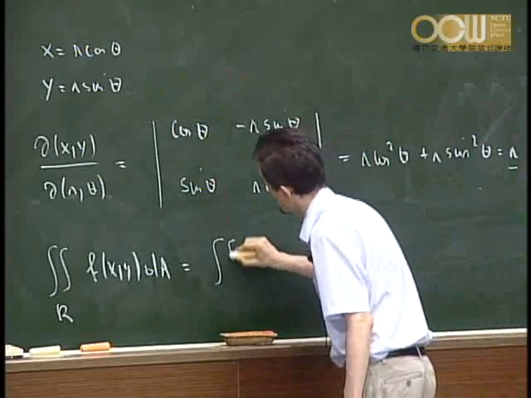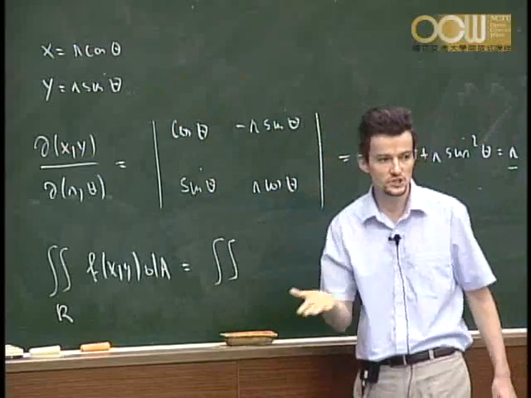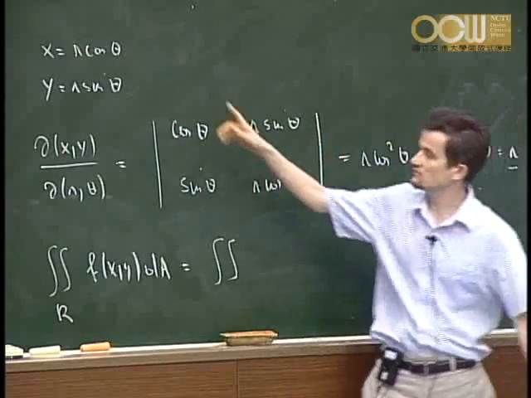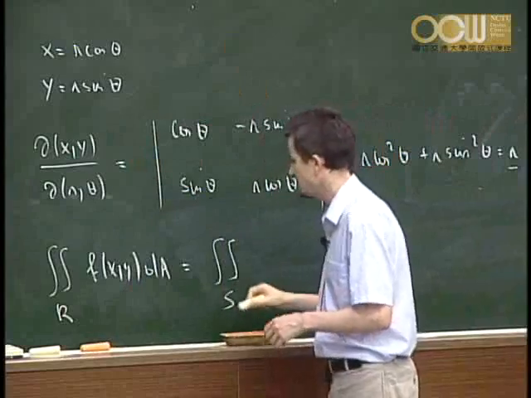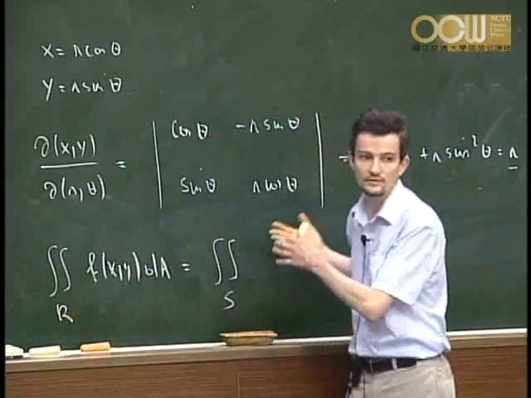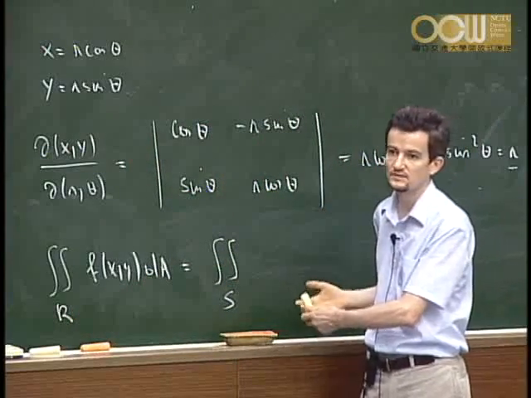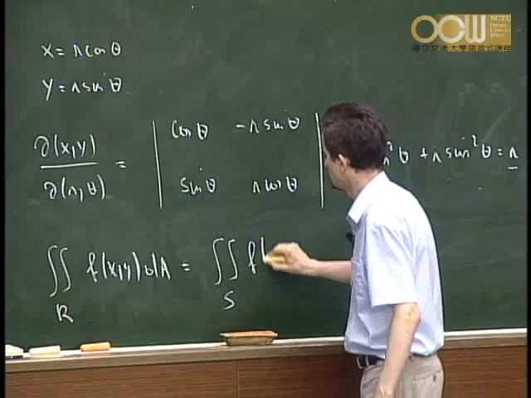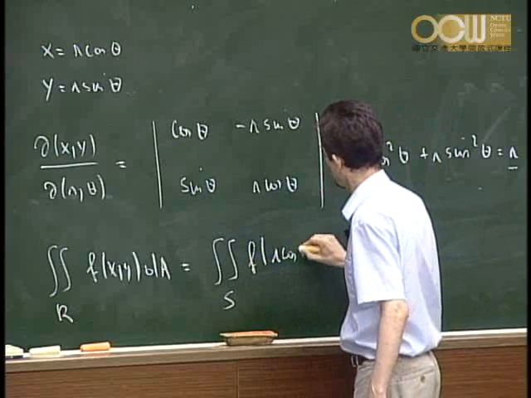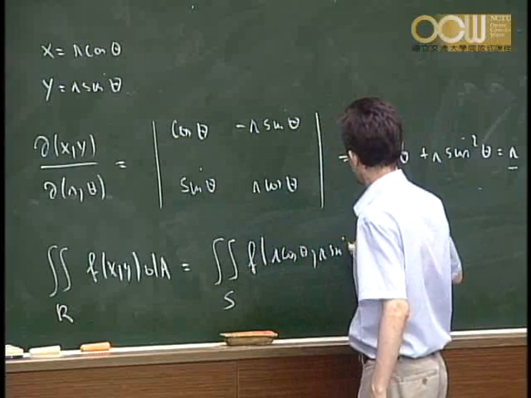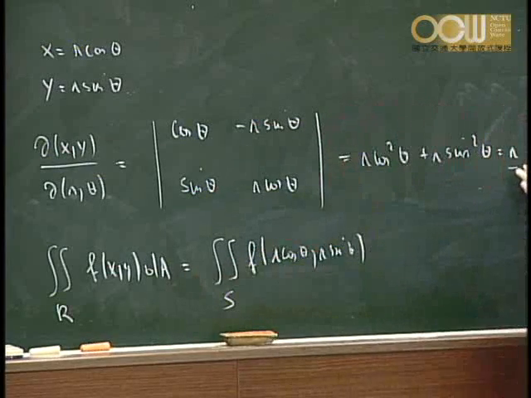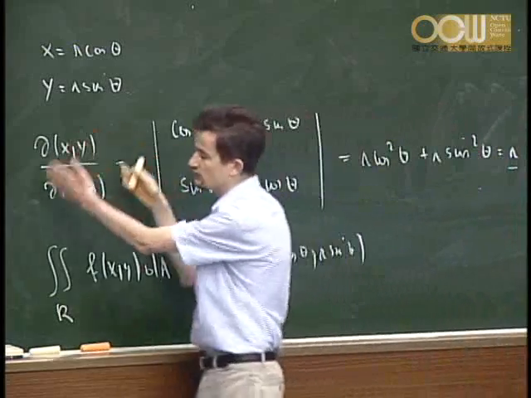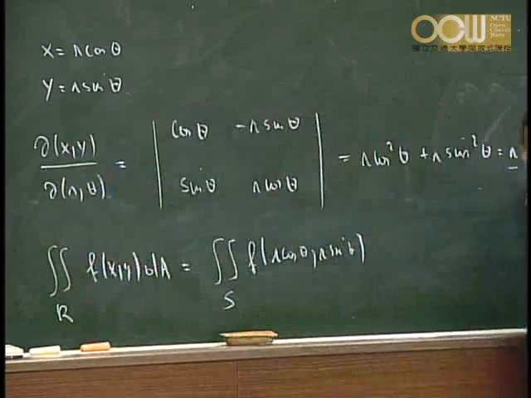What we have to do is figure out which region under this transformation gets mapped onto R. This is S. So this is nothing else but R in polar coordinates. And then we plug in r times cosine of theta, r times sine of theta, and the dA, because of the Jacobian, is r. Actually, you have the absolute value of the Jacobian, but r is always positive.